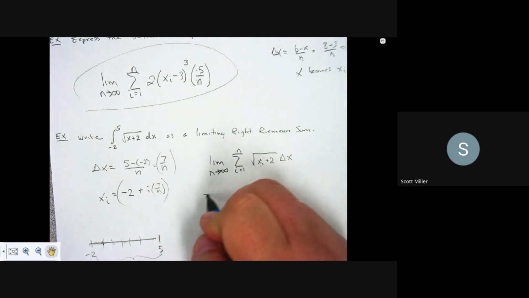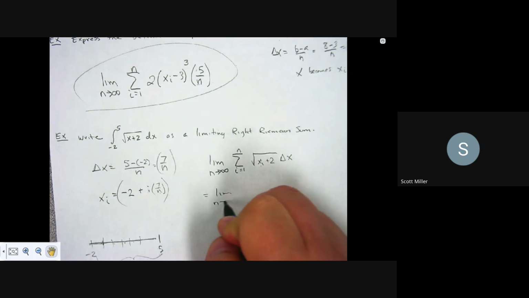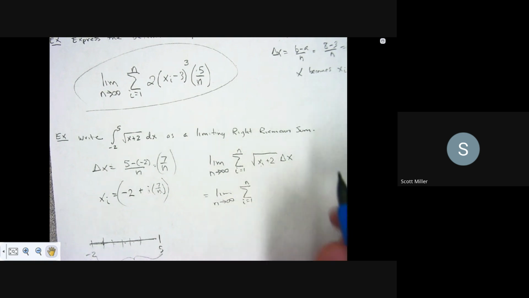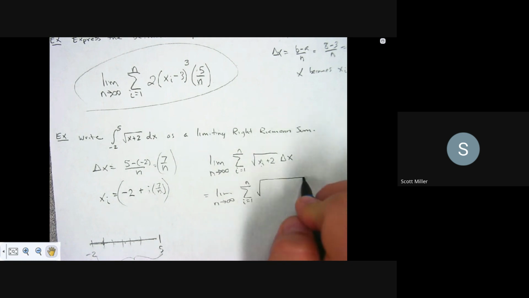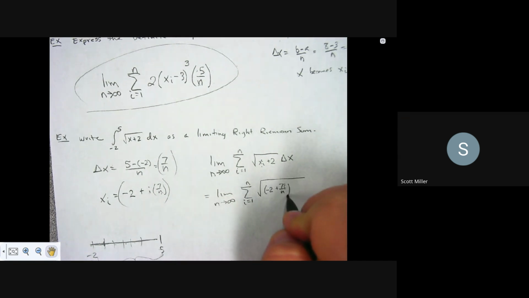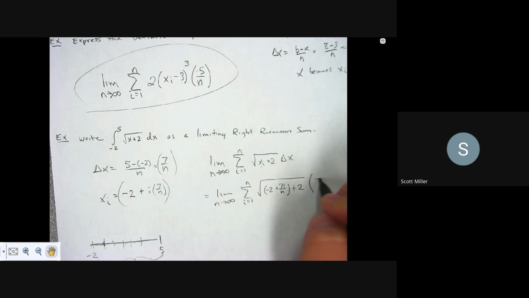So this is going to be equal to the limit as n goes to infinity of the summation, i going from 1 to n, and we have our square root. Those values are going to be -2 plus 7i over n, plus 2, don't forget that one, and then delta x is 7 over n.